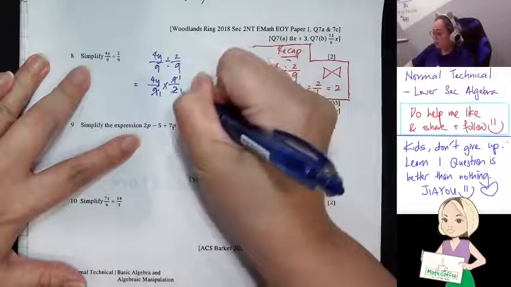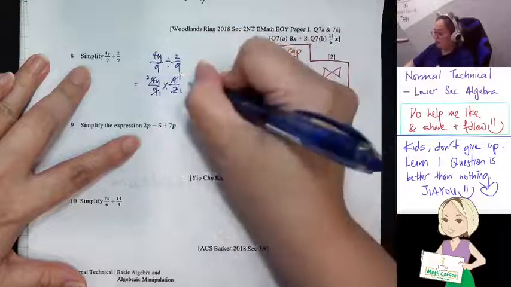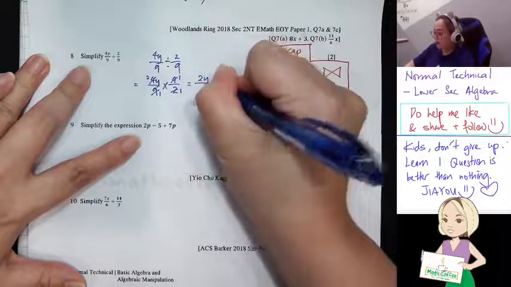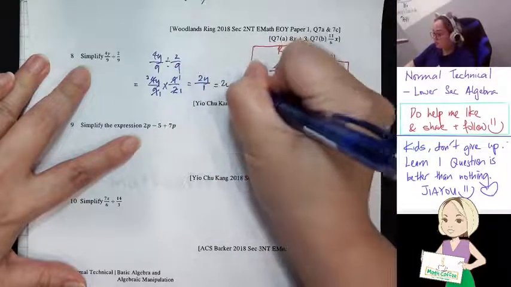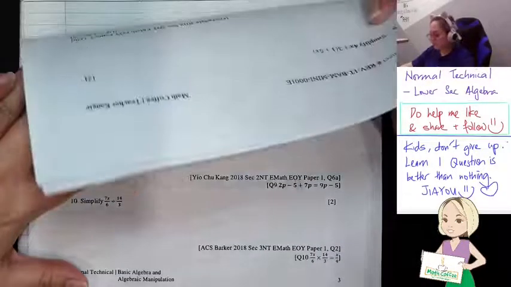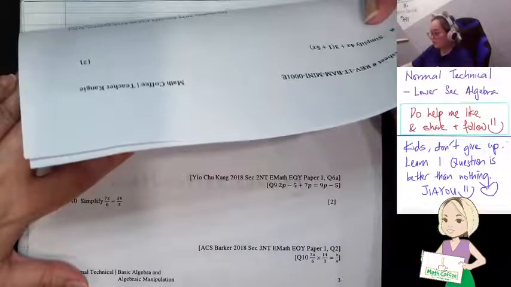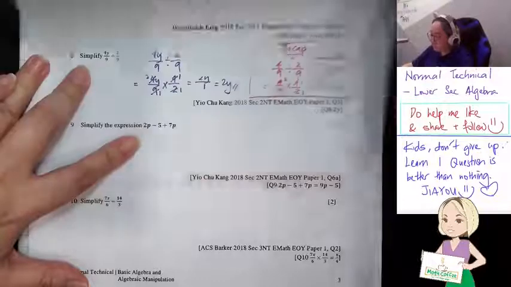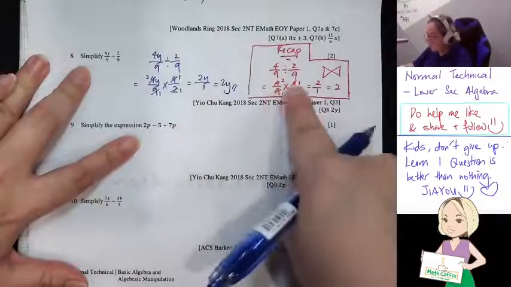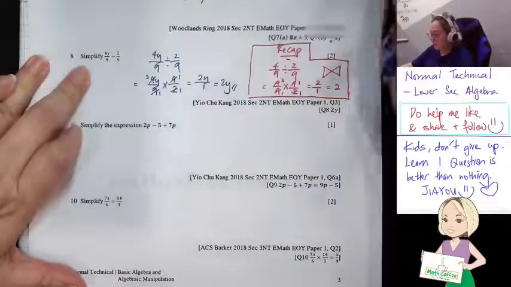Divide by 2 gives 1, divide by 2 gives 2. So this time around you will have 2y over 1, and you write it as just 2y. Yes, keep, change, flip. This is what primary school always teaches, right? Keep, then you change, then you flip.